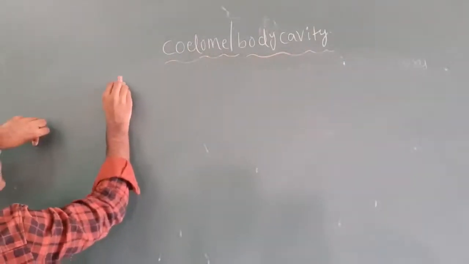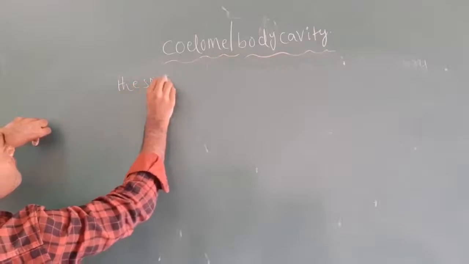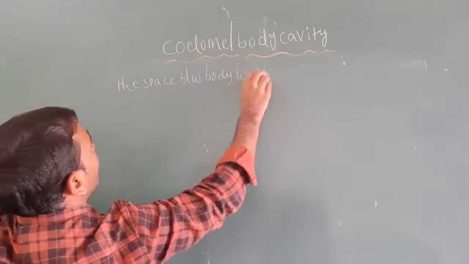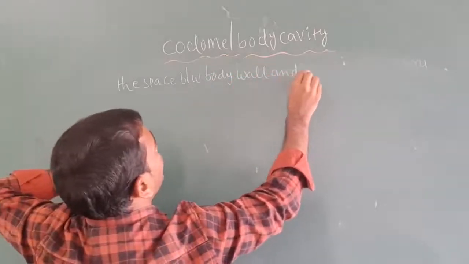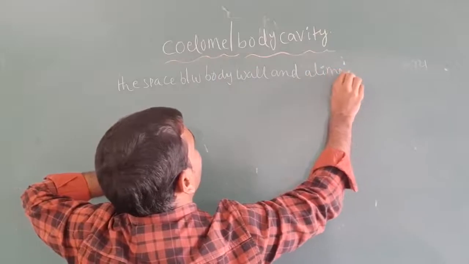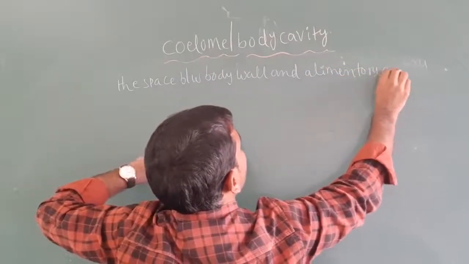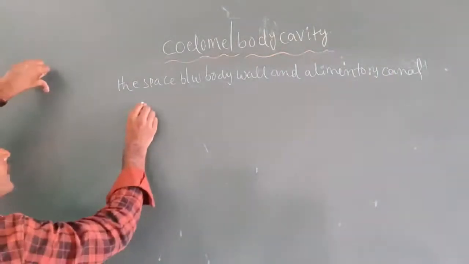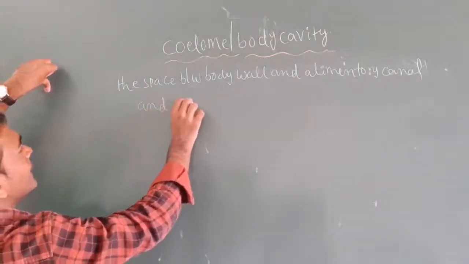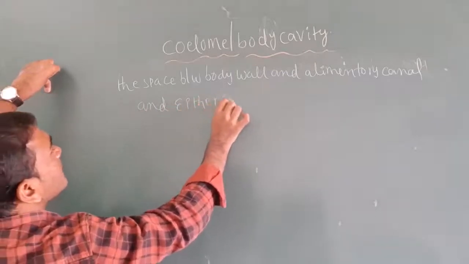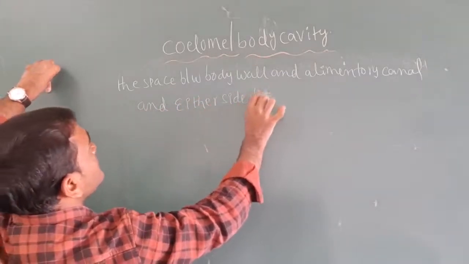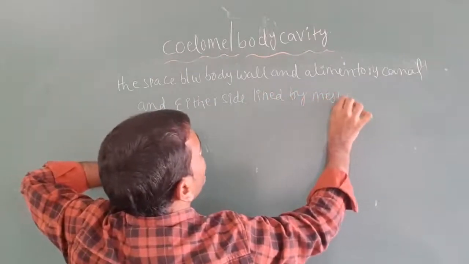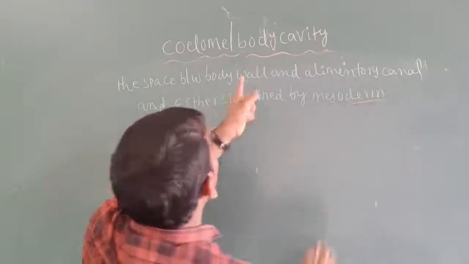The space between the body wall and alimentary canal, and either side lined by mesoderm, is called the coelom or body cavity.